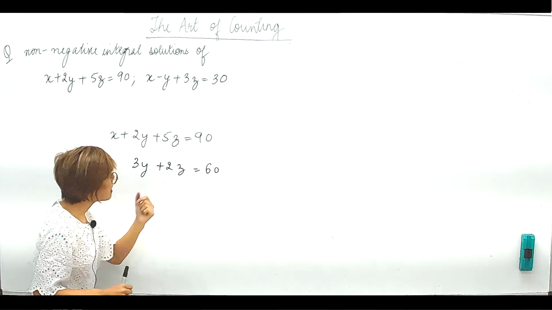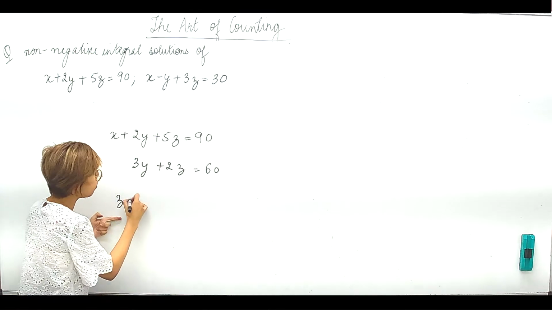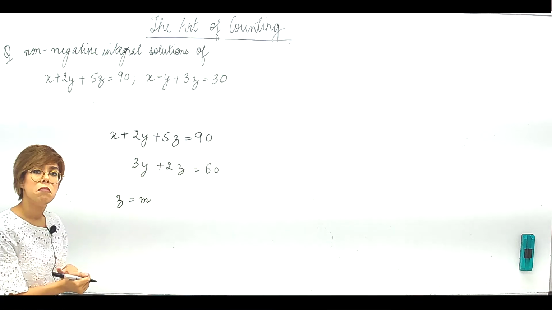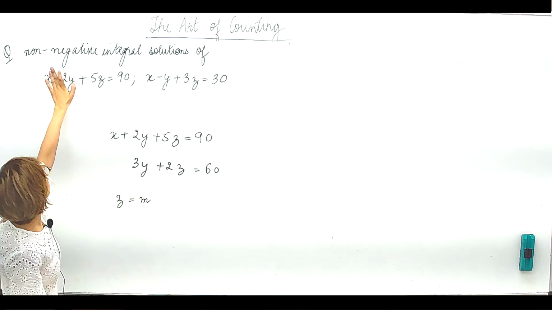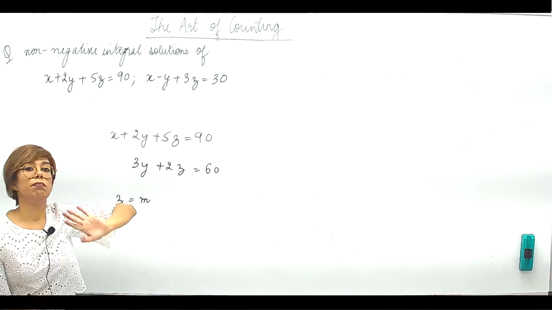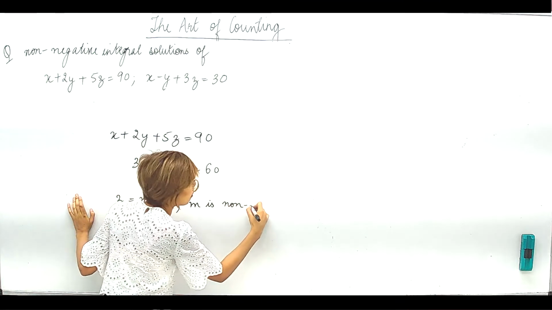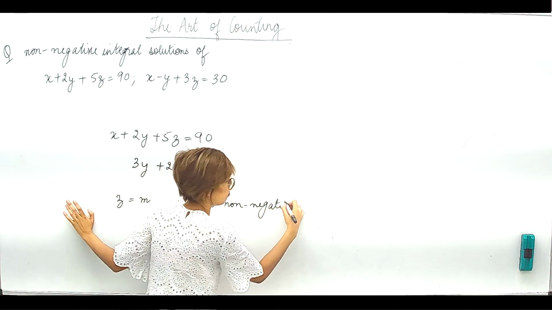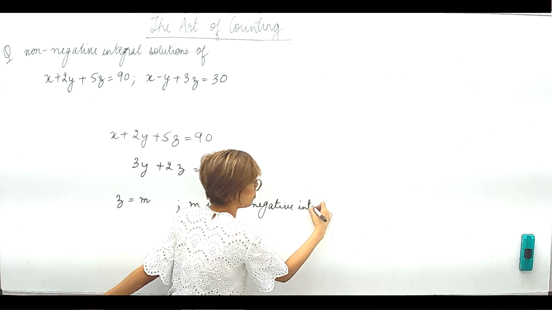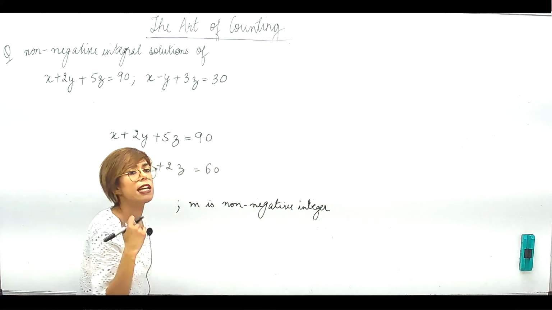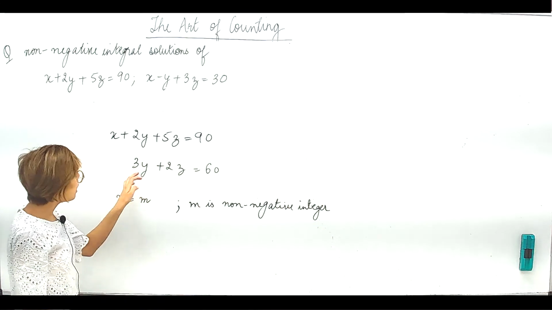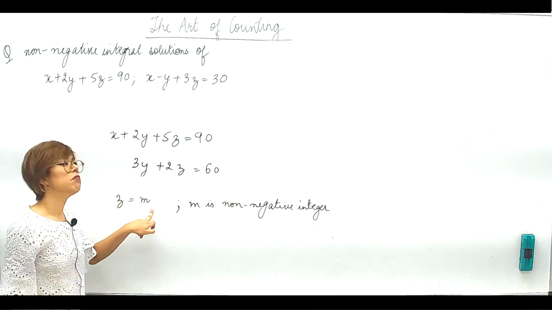Now let's consider z. Let z be equal to m, where m is a non-negative integer. It is easy to visualize actually. Now, if z is m, can you express y in terms of m?